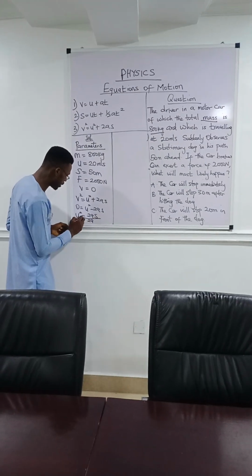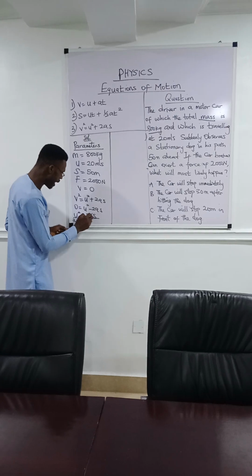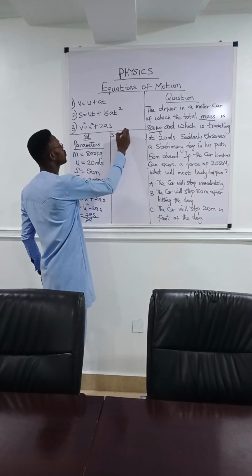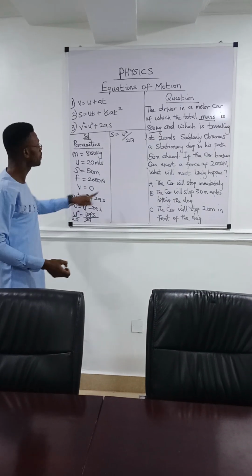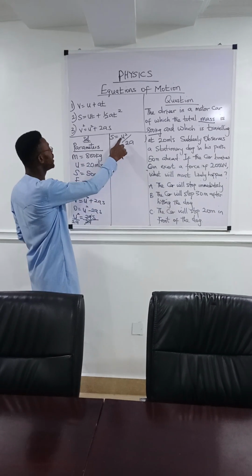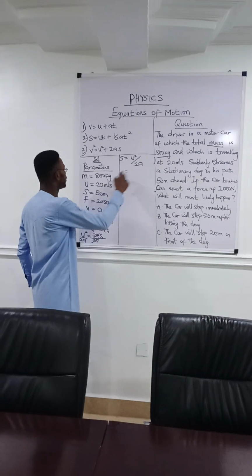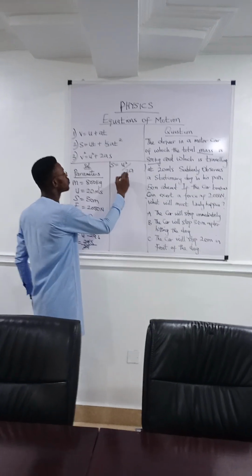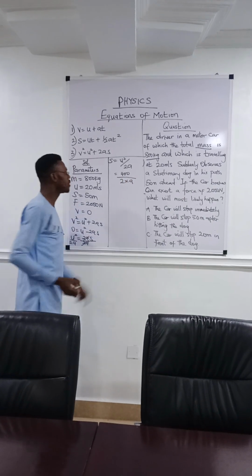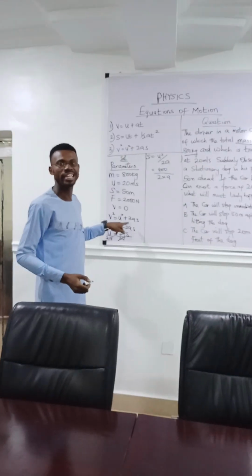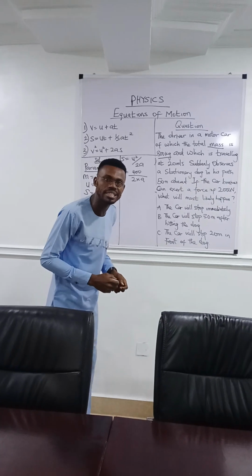Dividing both sides by 2a, I have that s is equal to u squared over 2a, like you can see here. I already know my u, which is 20. So 20 squared is 400 over 2 times a. But the challenge now is a. I don't know a, but I can get it. How do I get a?